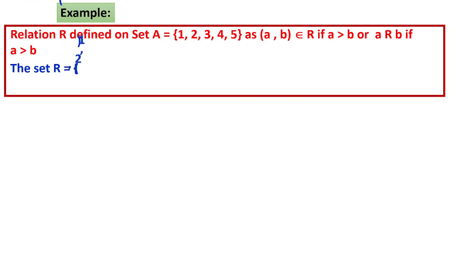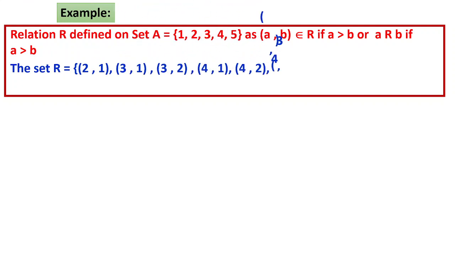The set R will be (2,1), because a should be greater than b, (3,1), (3,2), (4,1), (4,2), (4,3), then once again (5,1), (5,2), (5,3), (5,4). That's it. The first element should be greater than the second element in that ordered pair. That is the relation defined.